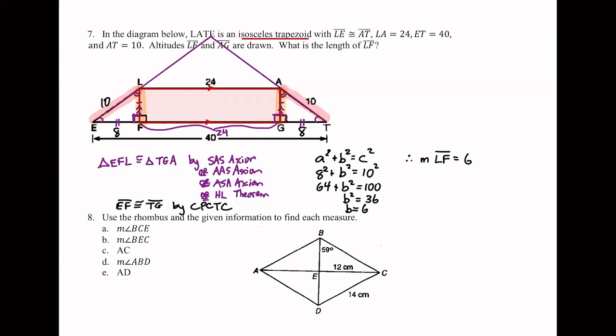Like in number 8, use the rhombus and the given information to find each measure. Yeah, we got numbers and stuff. But what do we know about rhombi? All sides are congruent. Opposite sides are parallel to one another, just like a parallelogram, because it is a parallelogram, right? The diagonals bisect each other.